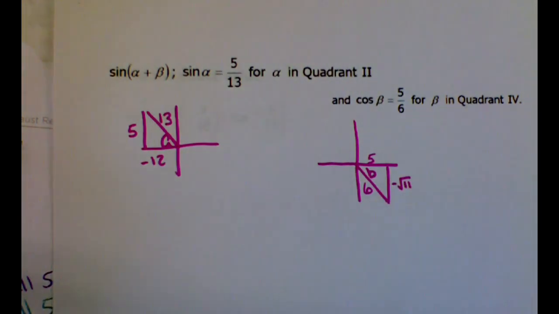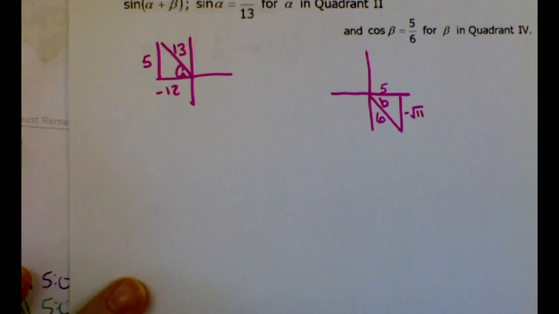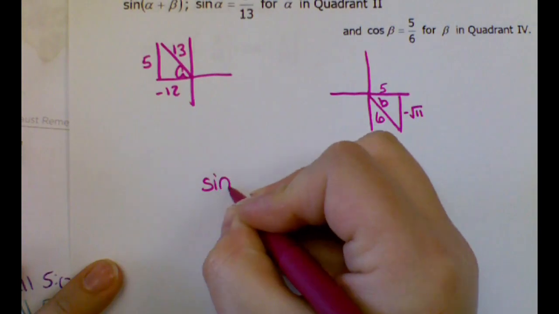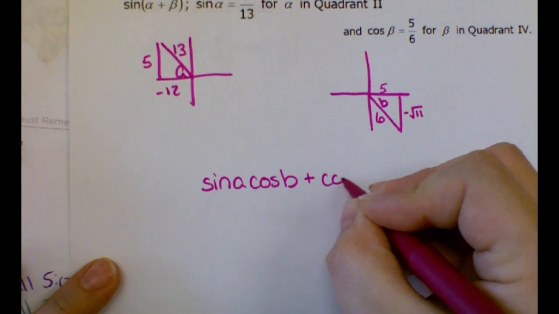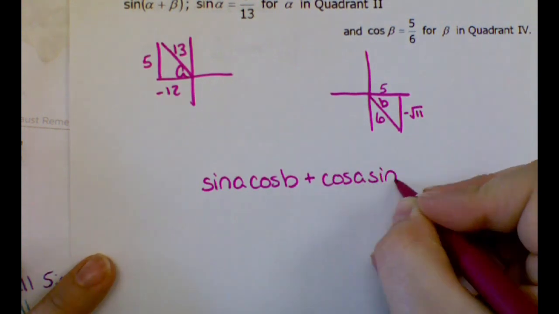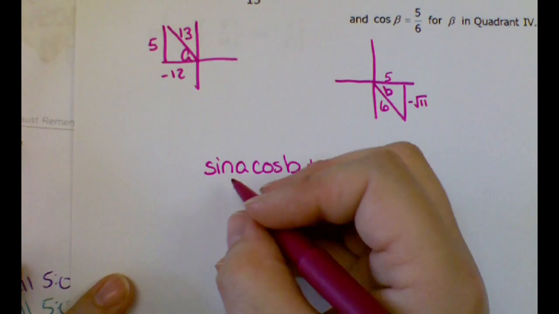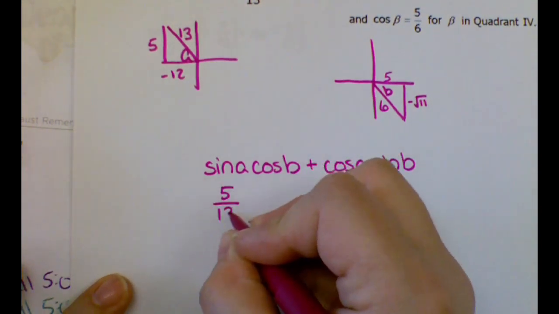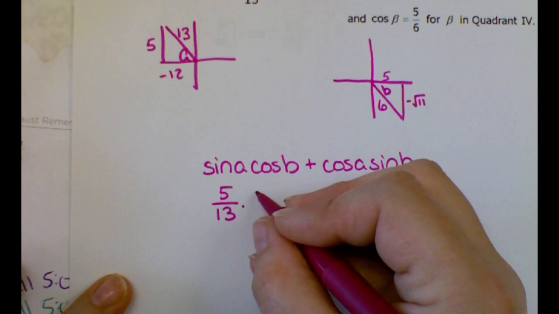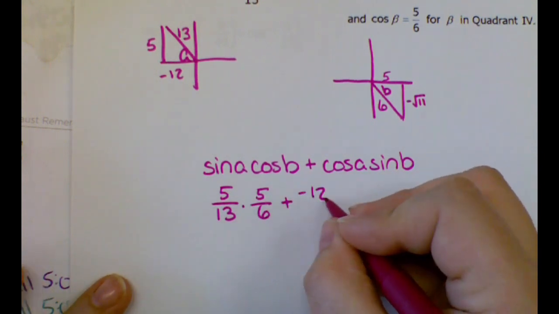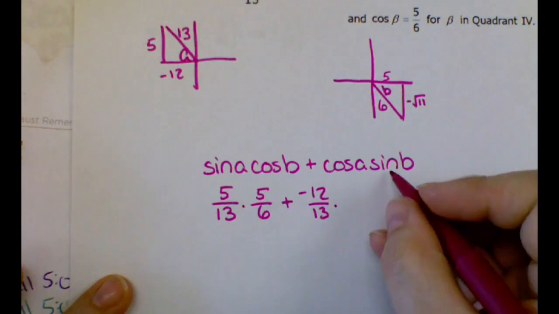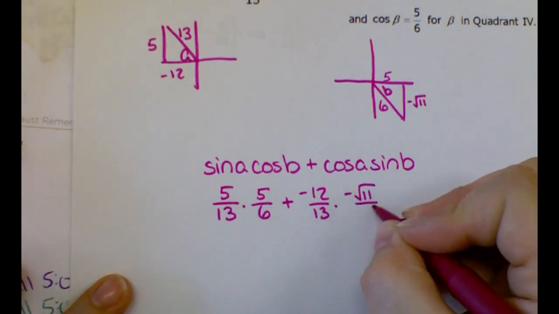All right, I have sine of a plus b, so that breaks apart into the sine of a times the cosine of b plus the cosine of a times the sine of b. So the sine of a is 5/13. The cosine of b is 5/6. The cosine of a is negative 12/13. The sine of b is negative square root of 11 over 6.